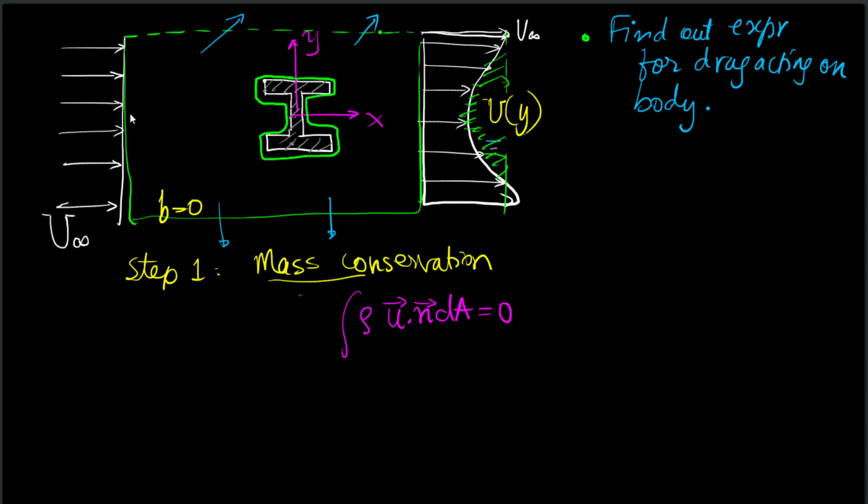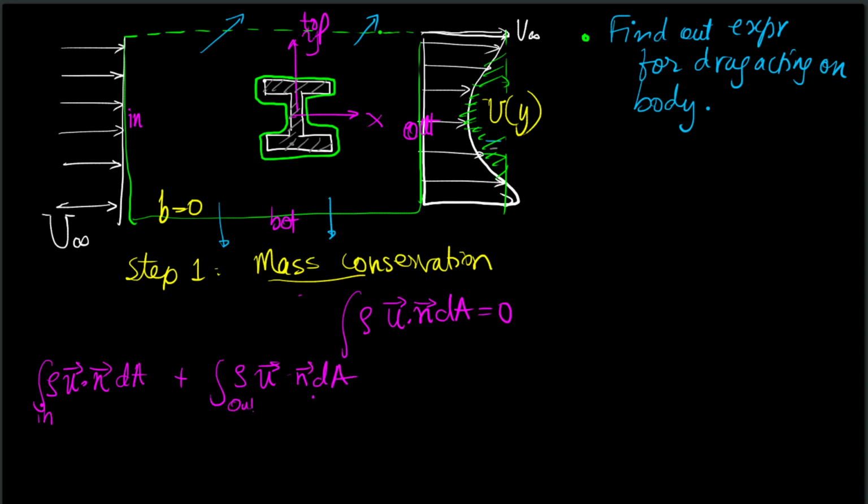So now let us write down, let this be the inlet face, let this be the outlet face, let this be top, and let this be bottom. So integral rho u dot n dA at the inlet plus integral rho u dot n dA at the outlet plus rho u dot n dA at the top plus integral rho u dot n dA at the bottom is equal to 0.